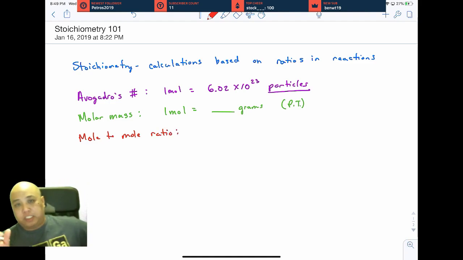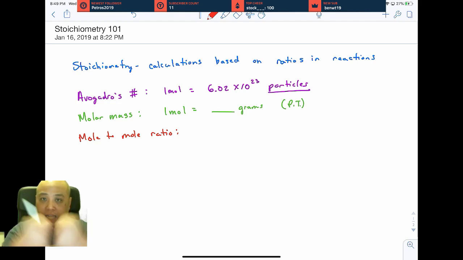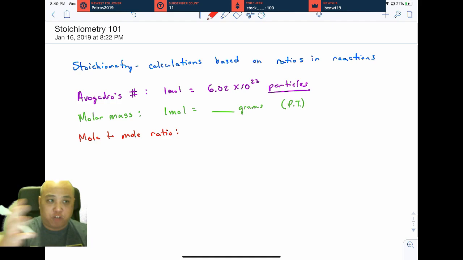And that mole to mole ratio is a relationship between two different species. And that's the only relationship that actually matters, because that's the kind of central point in every single calculation that you do. Every calculation, if you go from one substance to another, will use a mole to mole ratio. You have to use a mole to mole ratio because that's the only way you can convert from one substance to another.